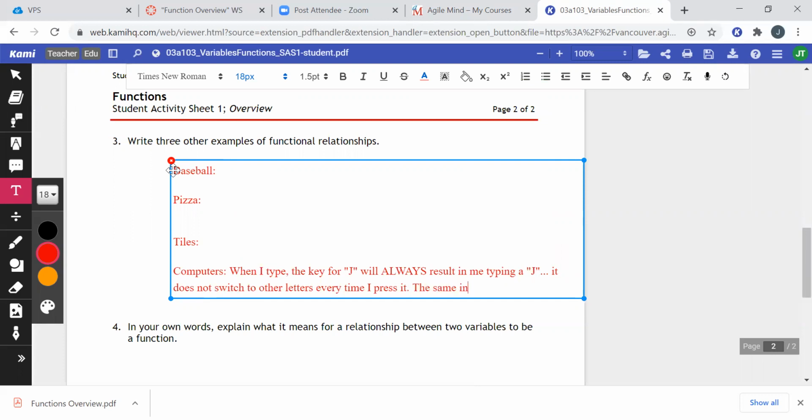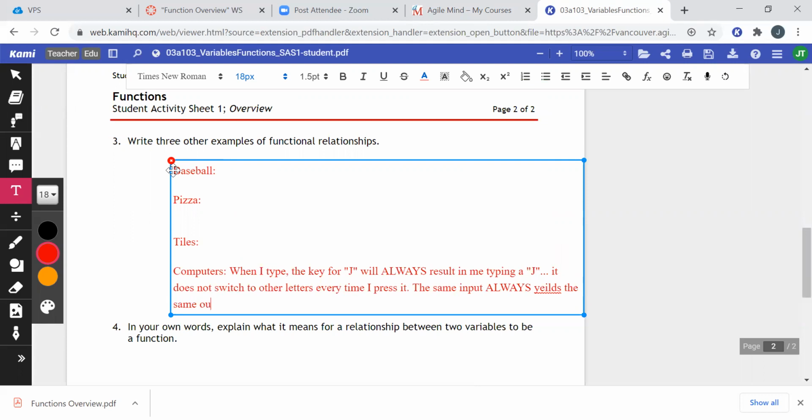Same input always yields the same output. So that, see, that is a function.